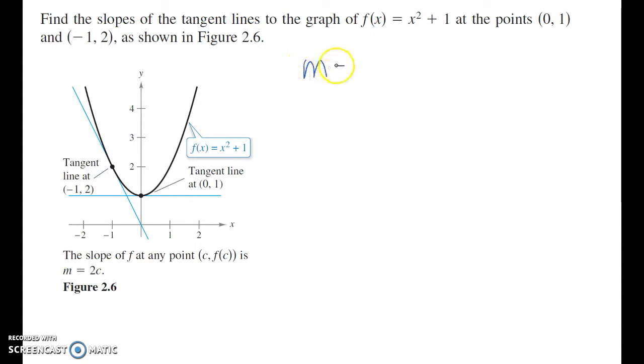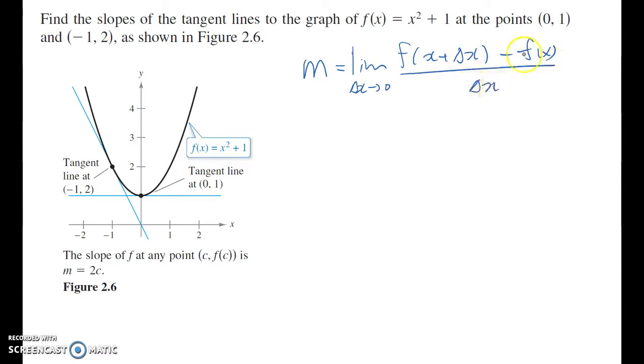Yes, m equal to the limit as delta x moves to 0 of f(x plus delta x) minus f(x) over delta x. Therefore, we need to find this first.